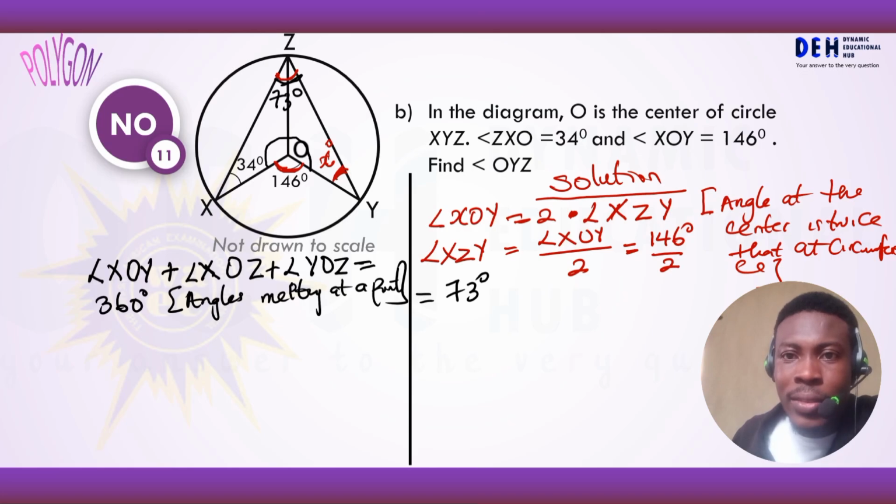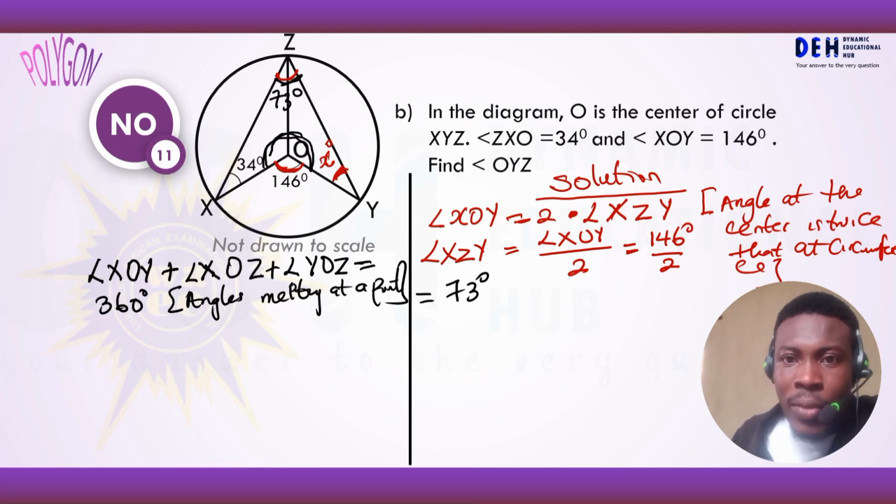Now let's find angle XOZ plus YOZ. The whole of this is XOZ plus YOZ, so YOZ and XOZ together make all this angle here.